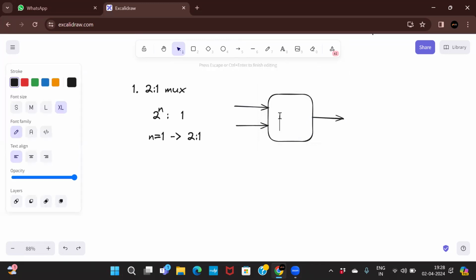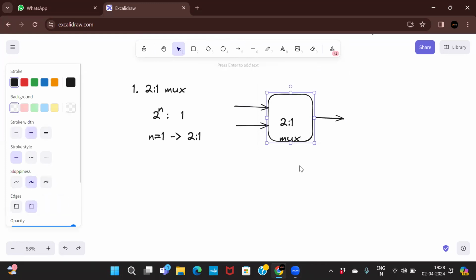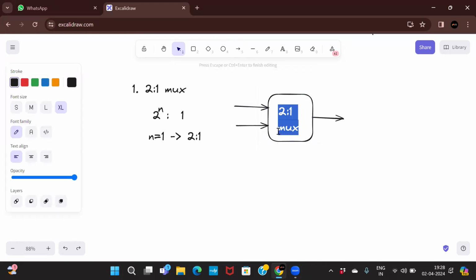So I'm writing 2:1 mux. Consider the inputs I1 and I2.